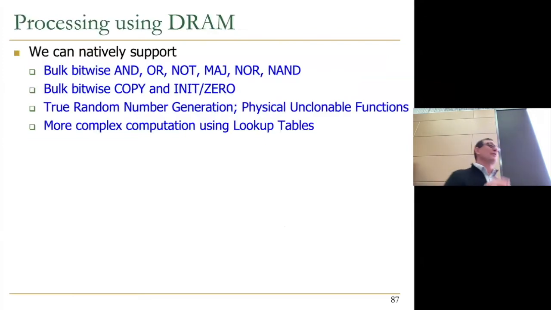Okay. So I'm going to focus especially on processing using DRAM, although we do have work that shows that very similar things can be done on flash memory also. In existing flash chips, we've shown that you can do a lot of these. We also have a separate research that's going on. Other technologies are also very interesting. Clearly, people have been working on processing using RRAM, phase change memory, etc. That's also very interesting.